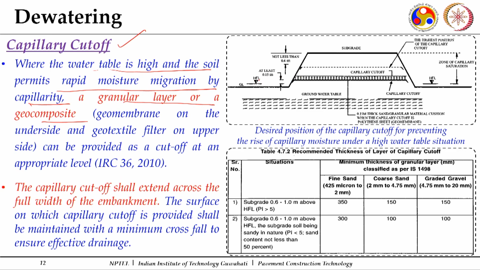So, you have this high flood level, at least to a height of around 15 centimeter above it. We are going to provide this capillary cutoff, which is a granular layer. Whatever water comes from capillary rise from this high flood level will get captured through this and will be taken out, so it will not reach your subgrade level.